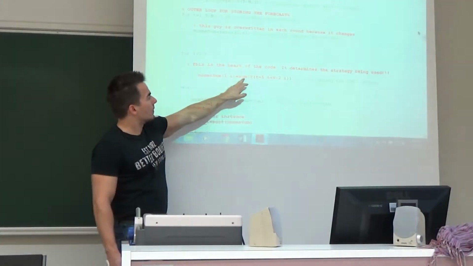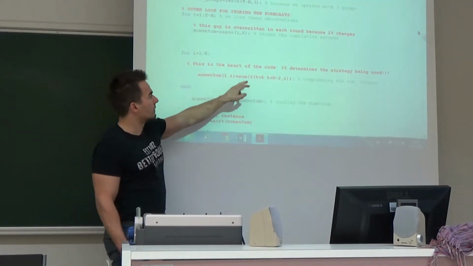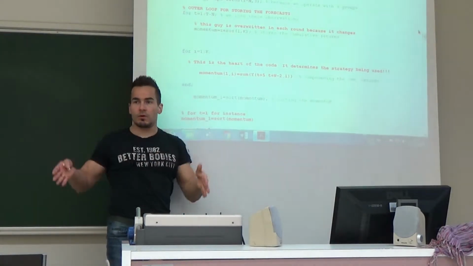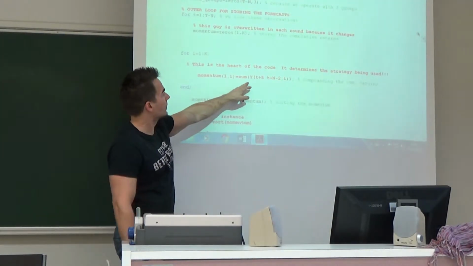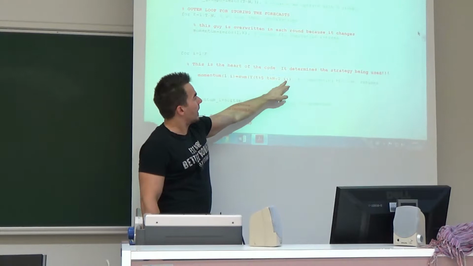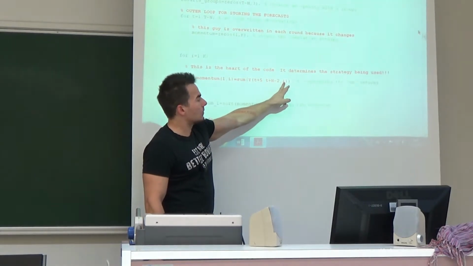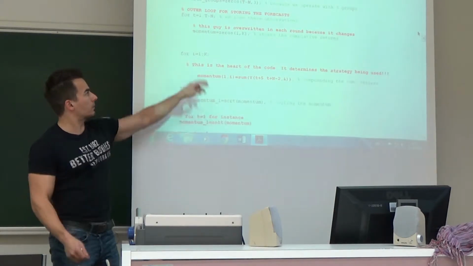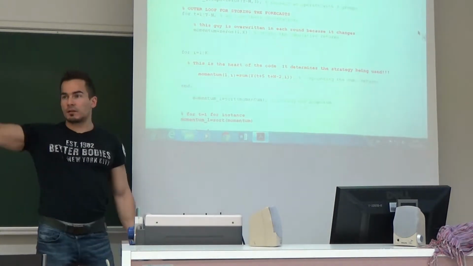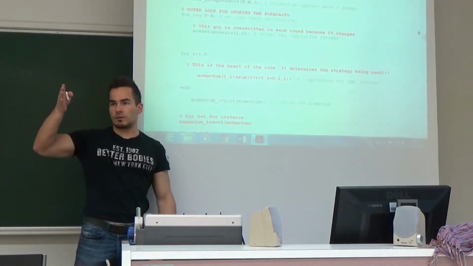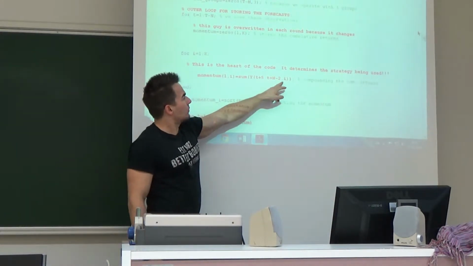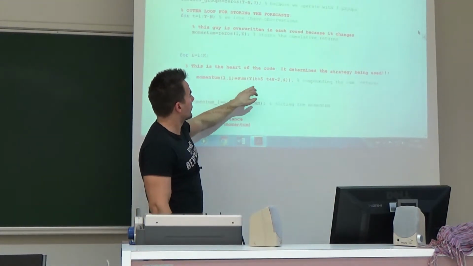And what is it then for the first stock? It's the sum of y, and y we remember is our return matrix, and i is 1, so we access the first column of our return matrix in the first iteration, and there's where we find the first stock. And what do we sum?